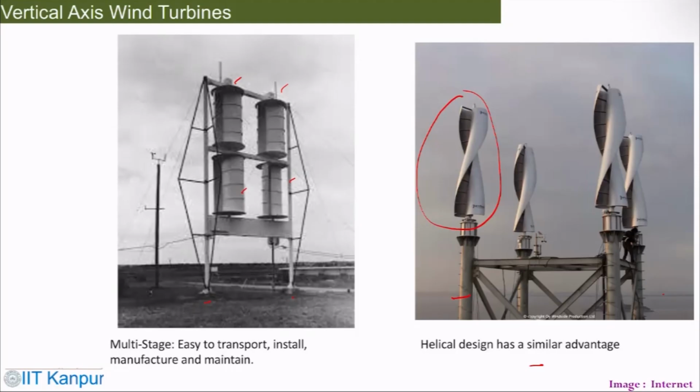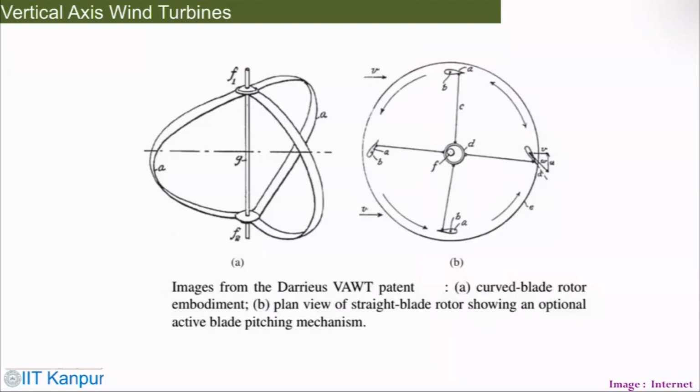Now this is again a Darrieus type vertical axis wind turbine pattern, where you see a curved blade. But the overall principle is of a Darrieus type.